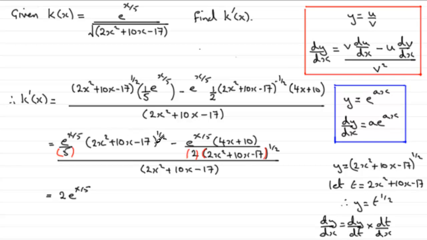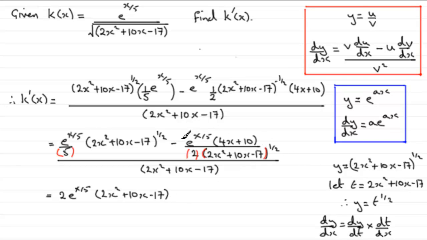When I multiply it with that one, then the powers are added, and I just simply get 2x squared plus 10x minus 17. Okay, so I multiplied this term then by 10 times 2x squared plus 10x minus 17 to the power half, resulting in this. Now I do the same to the next term.